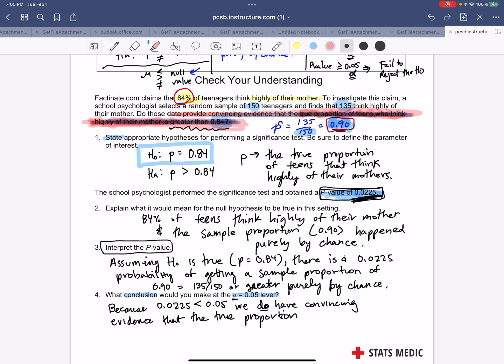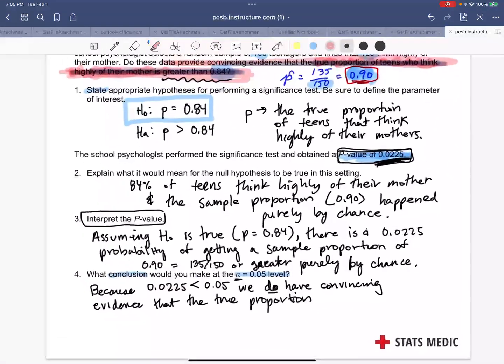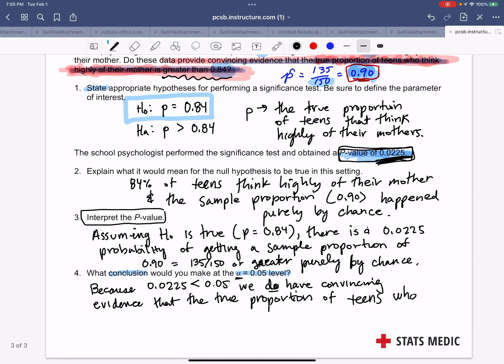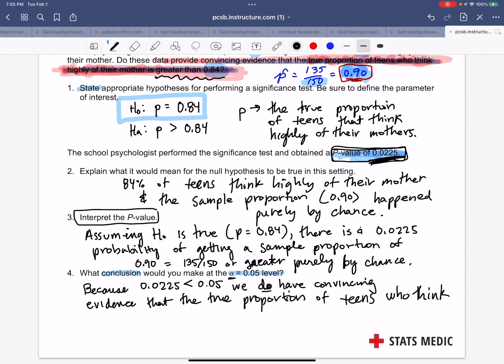I'm just copying that last sentence. And that is just like we did in the last test.